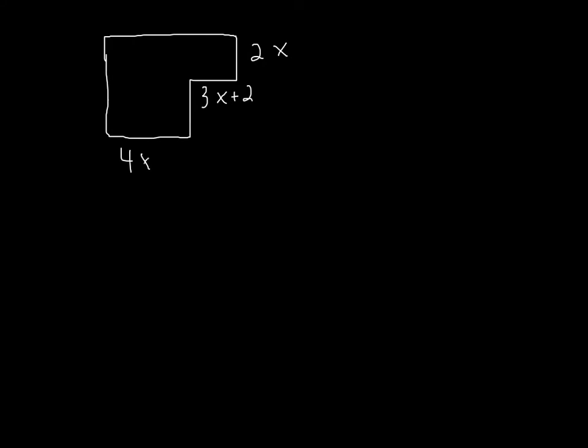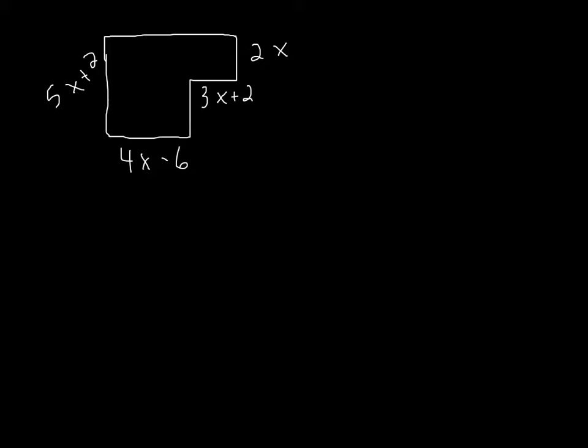Say, for instance, you have the same kind of figure, but instead of 2, let's say we have 2x, and instead of 3, we have 3x plus 2, and instead of 4, we have 4x minus 6, and instead of 5, we have 5x plus 2.